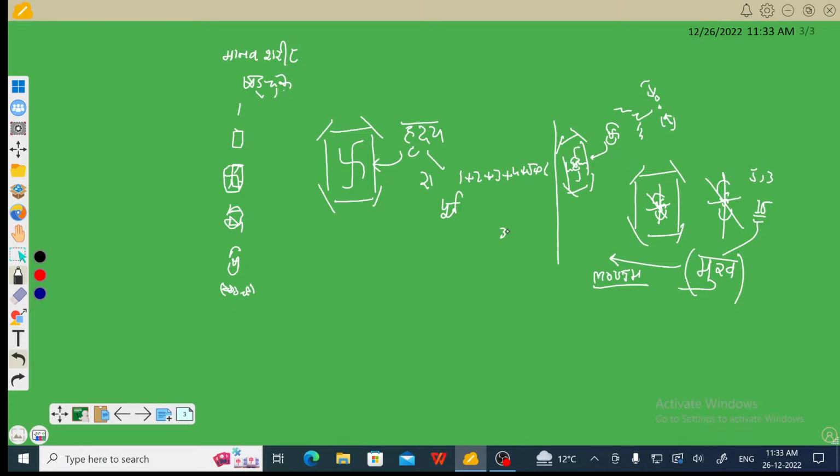So reaching from 15 to the flow, 15 we know is 1 plus 2 plus 3 plus 4 plus 5, and 21 is equal to 1 plus 2 plus 3 plus 4 plus 5 plus 6.